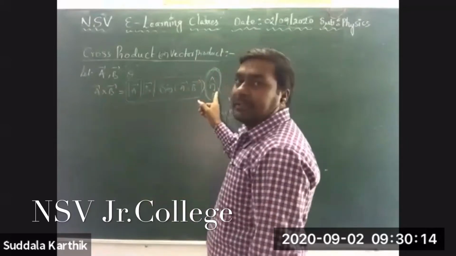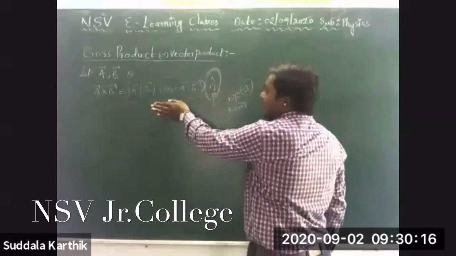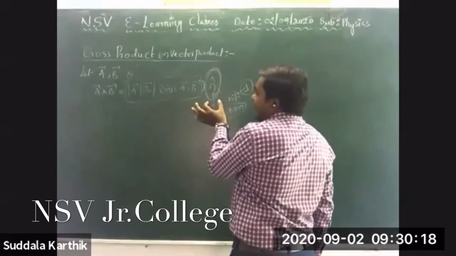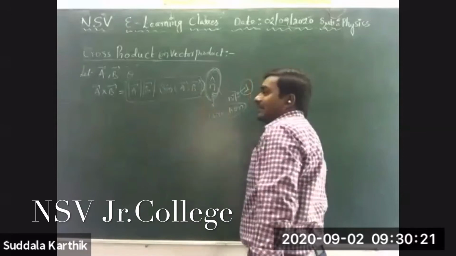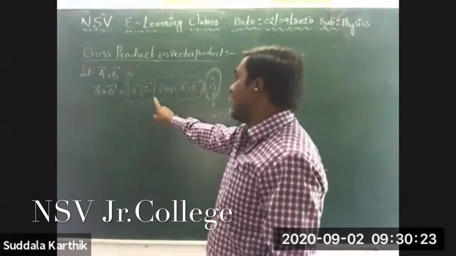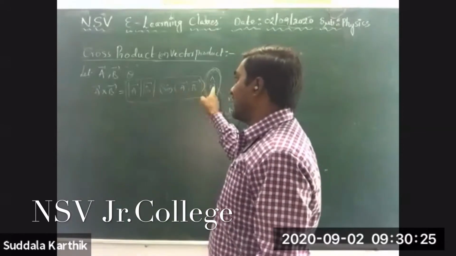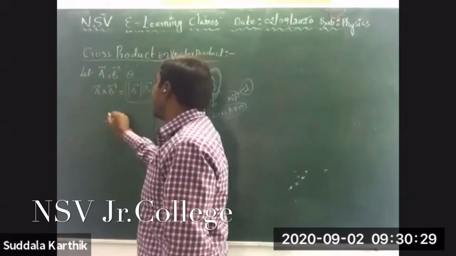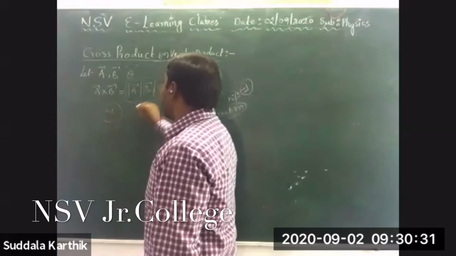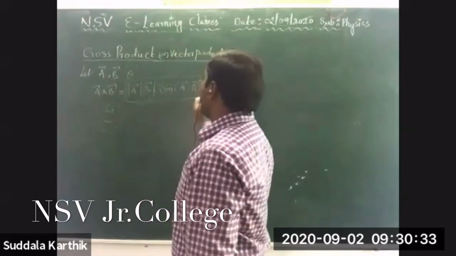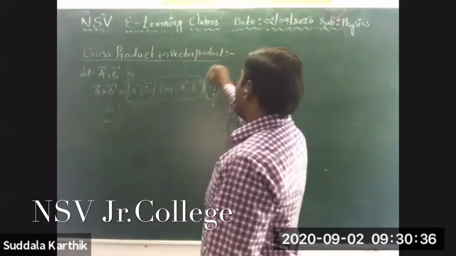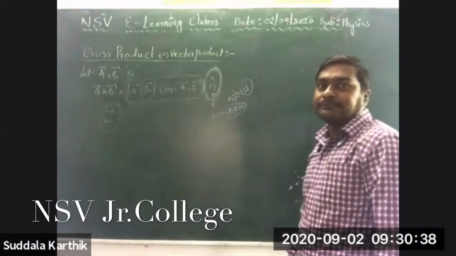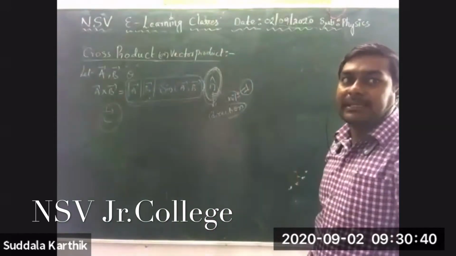Combined, it is a vector with both magnitude and direction. Let the resultant be C bar. The magnitude of C bar is this, and the direction of C bar is this.